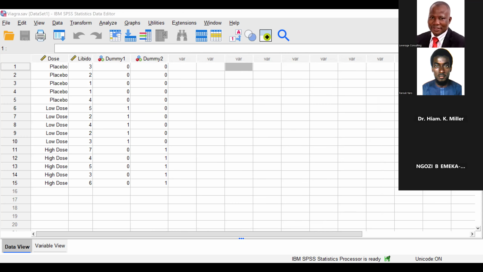I guess you can see this. Can you see the output? Or should I reshare? Can you see the output? If you are talking, you have to unmute. Otherwise, I will not hear you. Can you see the output? Somebody should talk now. Unmute and talk.